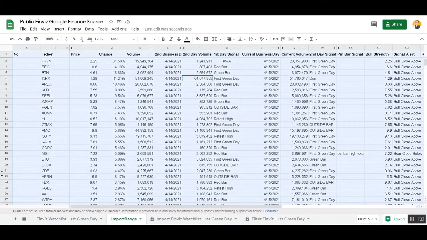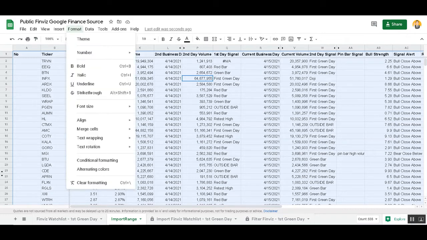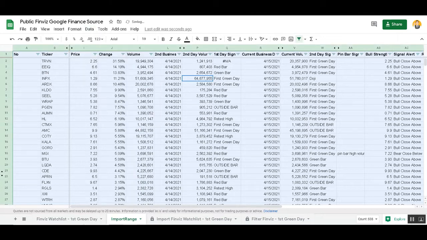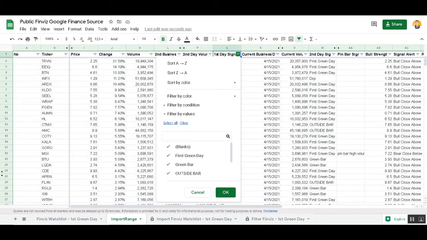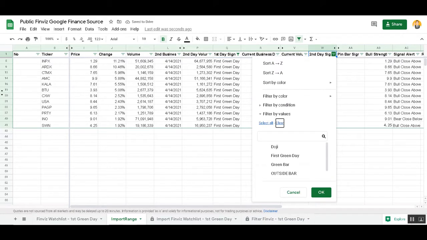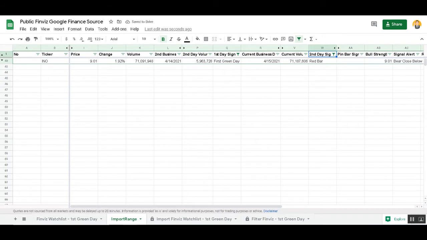As you know, Google Sheets allows you to create filters. Control A, select all, go to the data tab, create filter. But as this goes on day by day, because I'm a day trader, it gets really boring. I have to constantly clear. Then if I'm looking for a pullback, I have to click first green day, then it filters. Then I have to click here, clear, then look for weakness.